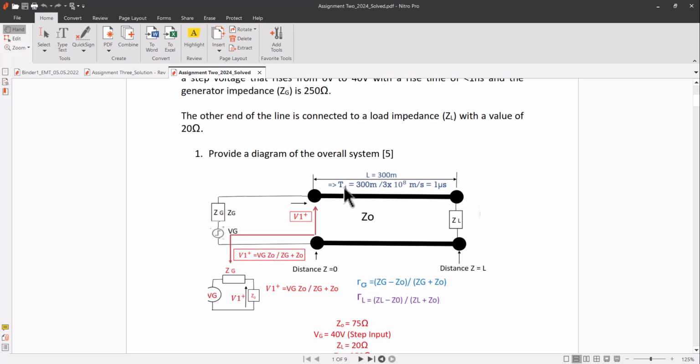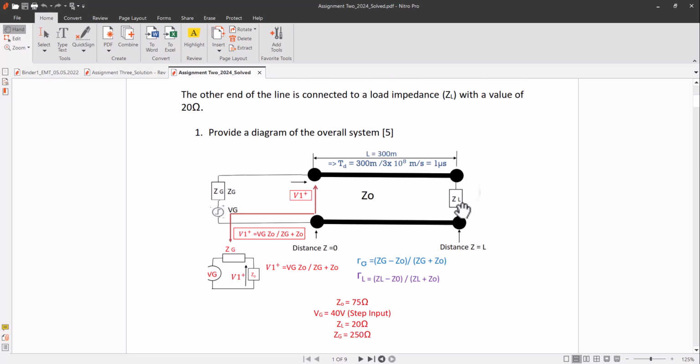The time the signal will take to reach from one end to the other end will be 300 meter over the speed of the signal, that is 3 × 10^8 meter per second. So this will be 1 microsecond. So the signal will reach from this end to the other end within 1 microsecond.